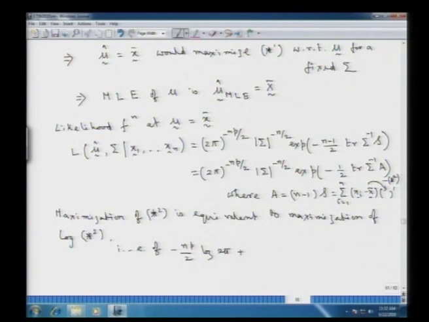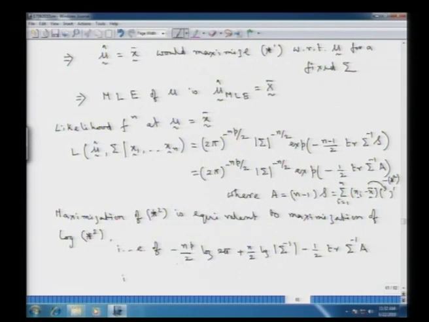So, we will take this as positive sign n by 2 log of determinant of sigma inverse. What we have done is we have kept this sigma inverse and taken the positive sign n by 2 and taken the log of that. So, it is plus n by 2 log of determinant of sigma inverse, minus half trace of sigma inverse A, right.